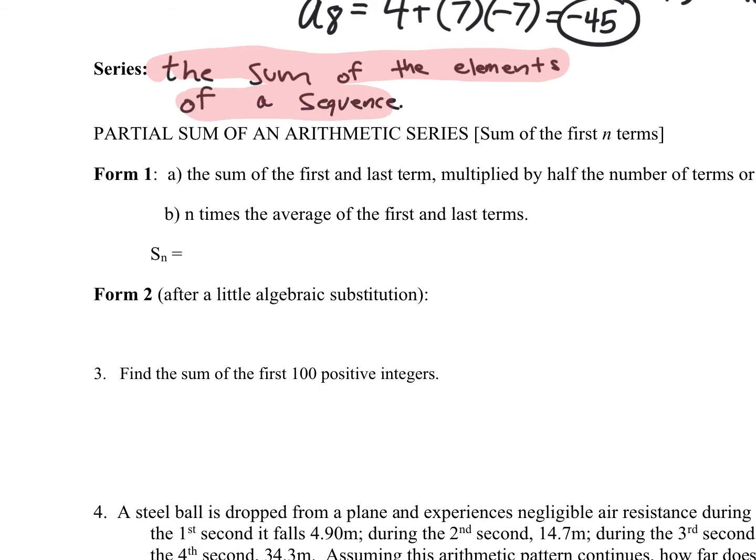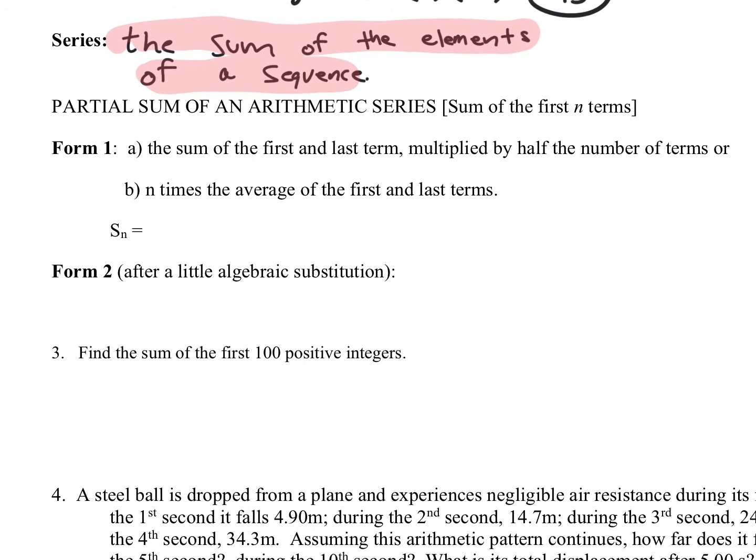We have some formulas here. We have one form. If I wanted to find the partial sum of an arithmetic sequence, in other words, the sum of the first n terms in a sequence, I can follow these instructions.